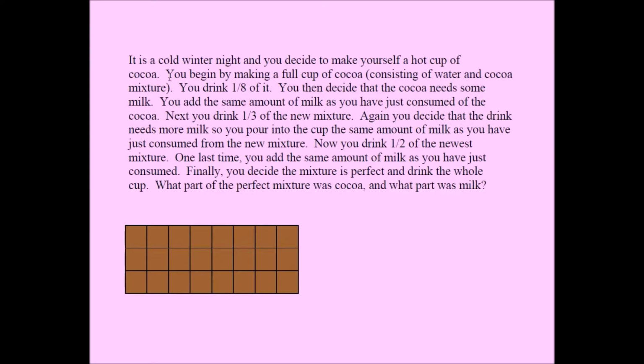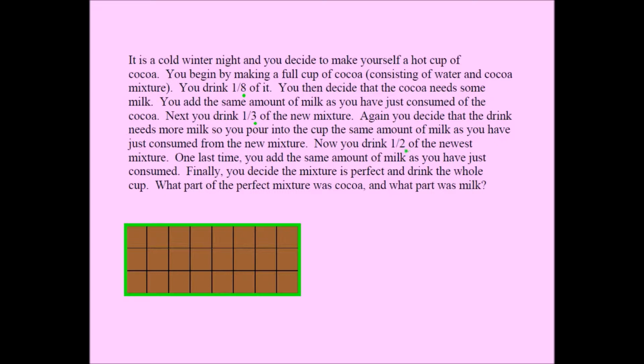So I have the question here, and I have a 3x8 grid representing 1 whole cup of cocoa. So this is a cup of cocoa which has no milk in it, it's brown. And why 3x8? 3x8 is a product of 3 and 8 to guarantee that I can express 1/8 and 1/3.